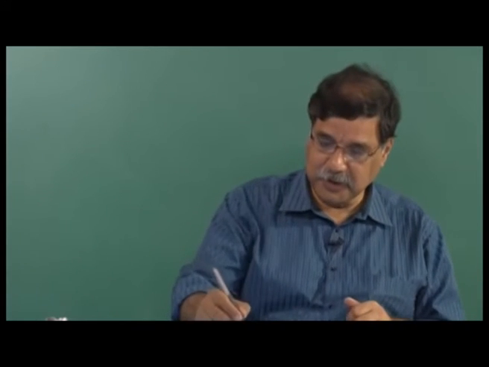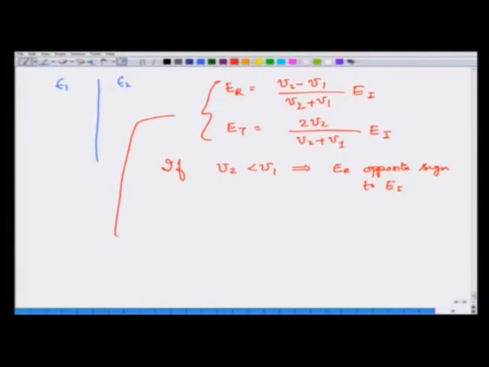Let us translate these equations to equations in terms of the refractive index. Now, I know V is C by N, and therefore, E reflected is going to be (N 1 minus N 2) over (N 1 plus N 2) E incident, and E transmitted is going to be 2 N 1 over (N 1 plus N 2) E incident.